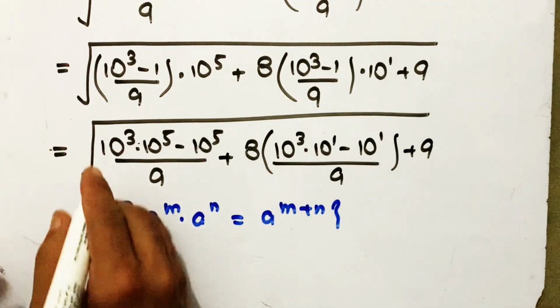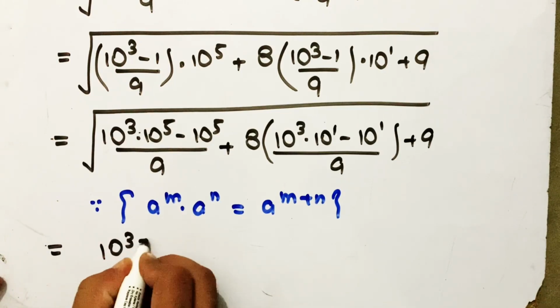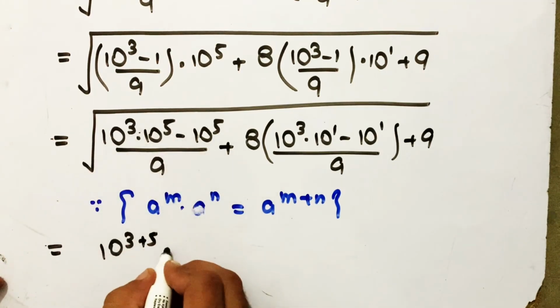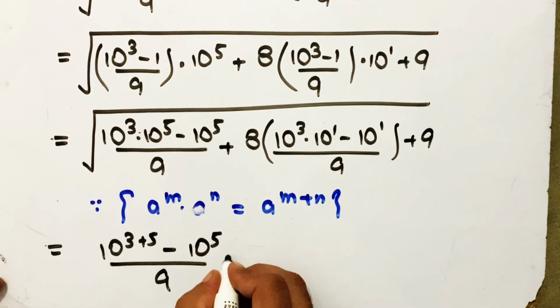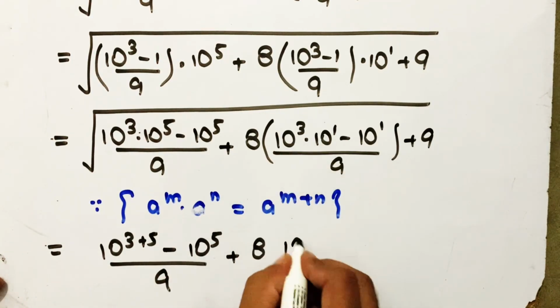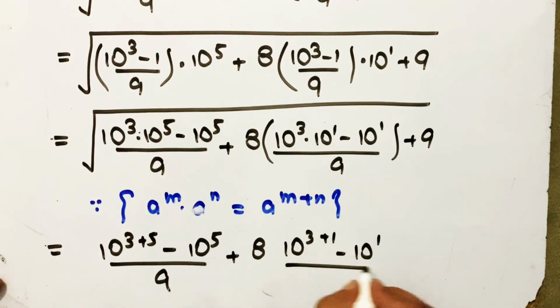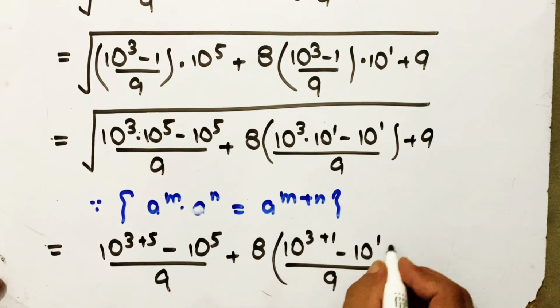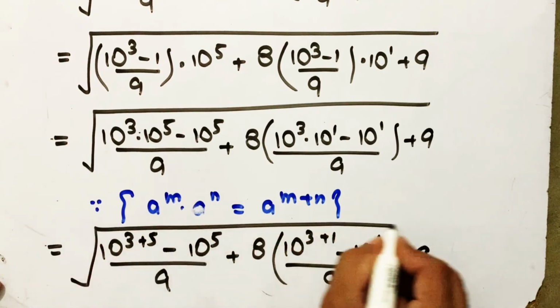So our equation becomes 10 to the power of 3 plus 5 minus 10 to the power 5 divided by 9 here, plus 8 and 10 to the power of 3 plus 1 here minus 10 to the power of 1 here divided by 9 here plus 9, got square root here.